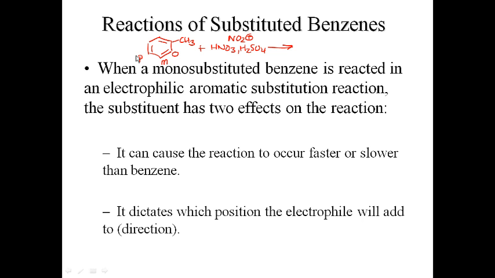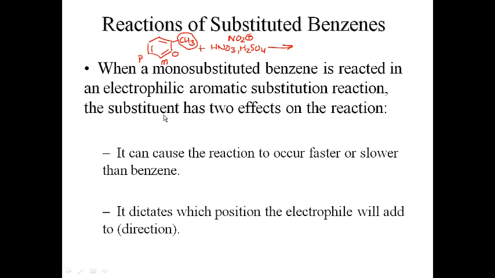Instead, what I want to first talk about is what effect does adding a group to the benzene have on electrophilic aromatic substitution. So in other words, when a monosubstituted benzene is reacted in an electrophilic aromatic substitution, what effect does a substituent have?